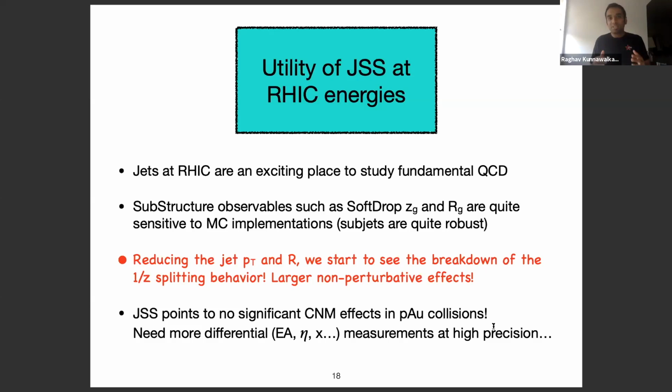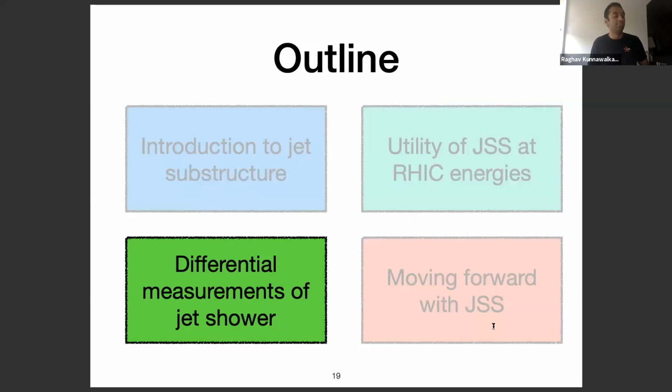You start to see this breakdown of the splitting behavior as you go to lower PT. And as you go to Jet-SubStructure and cold nuclear matter effects in proton-gold, that points to more differential studies, varying event activity, rapidity, gold going, proton going, Bure-Connex selection, et cetera. All of that can be done in the future.